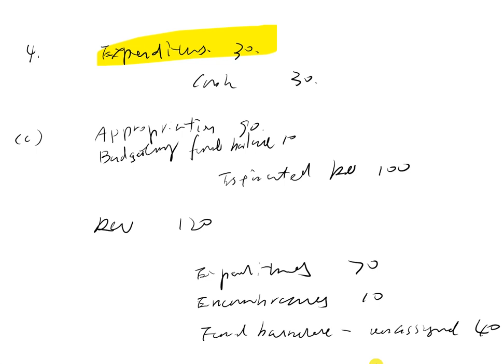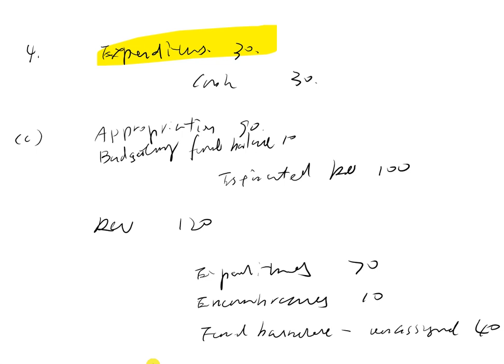And don't forget, we also have the reserve, the reserve for encumbrances. We still have a 10 balance available. This is a fund balance assigned account. Reserve for encumbrances is part of the fund balance assigned account.